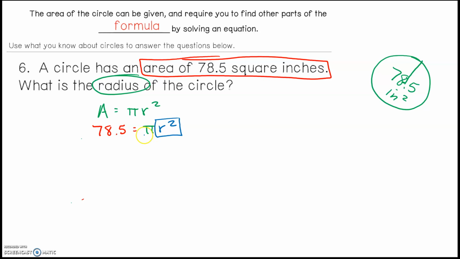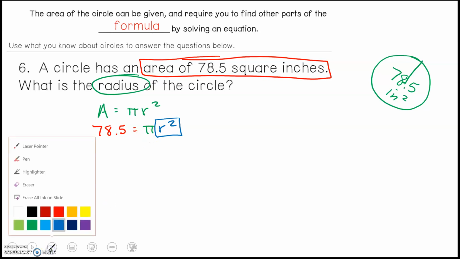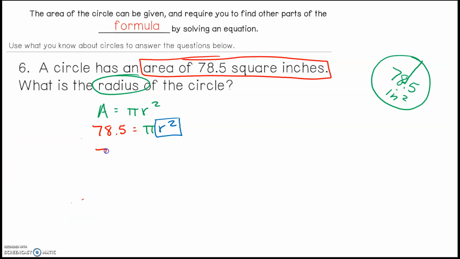We know that the pi is 3.14, so I'm going to rewrite this. 78.5 equals whatever pi is, which we're using 3.14, that's given to us, times the r squared.